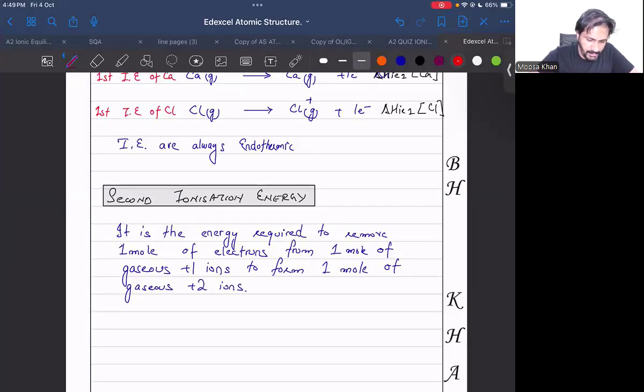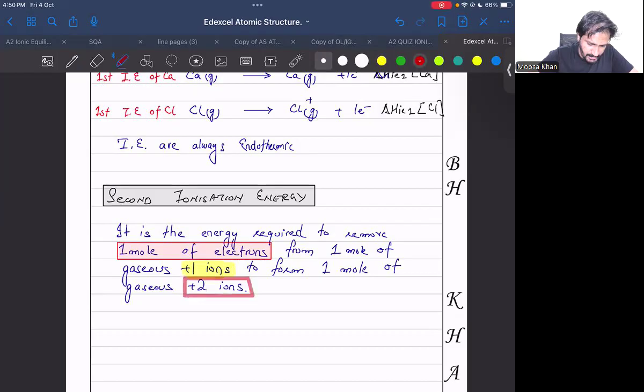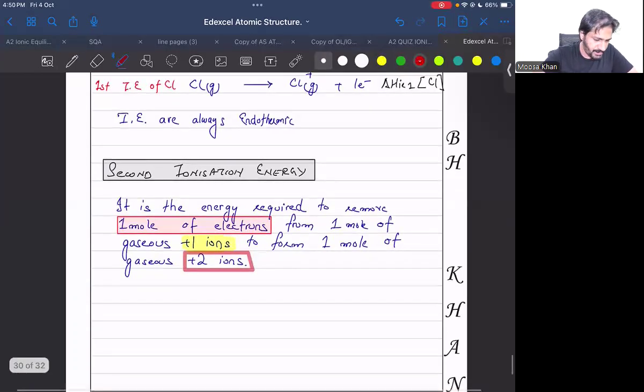So the important point here is you have to remove 1 mole of electrons again, but from 1 mole of gaseous positive 1 ions, not from the gaseous atom, to form gaseous positive 2 ions. Right? Let's try to write the equations for the second ionization energy.